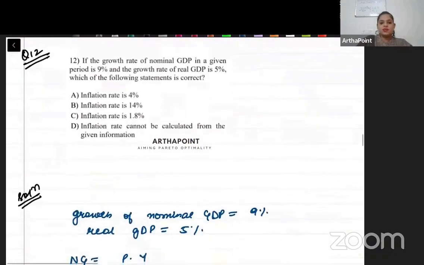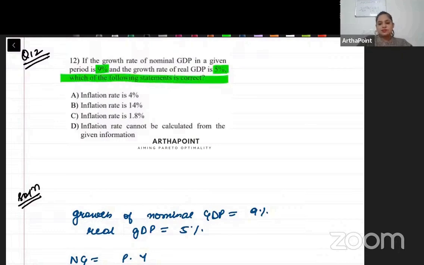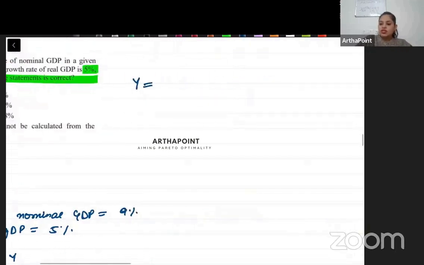Come to the next question. If growth rate of nominal GDP is 9% and real GDP is 5%, which of the following statement is correct? So just remember this. See, real GDP is nominal GDP divided by price. Or nominal GDP is real GDP into price.